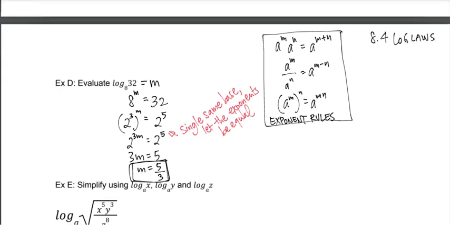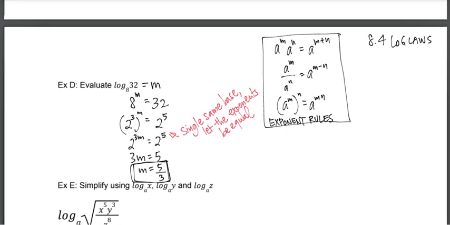the logarithmic rules, if you want to be like that. Okay, so log base a of mn is equal to log base a of m plus log base a of n. This is based on this product rule right here. So these are related, okay?